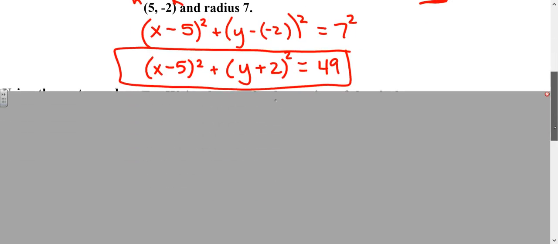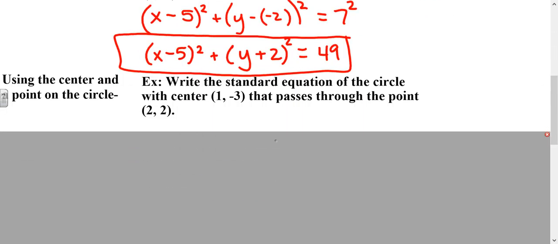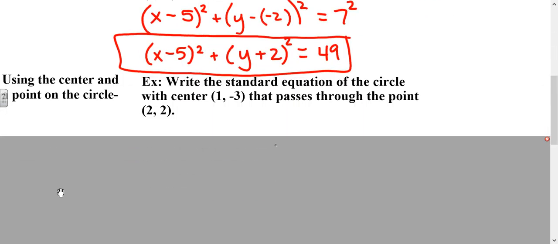Alright, let's try some more with that. So what happens if they give us a point in the center, but they don't give us the radius? Okay, so it says write a standard equation of the circle with center (1, -3) that passes through the point (2, 2). So the center is given by (h, k). So whatever the center is, that is your h and your k.